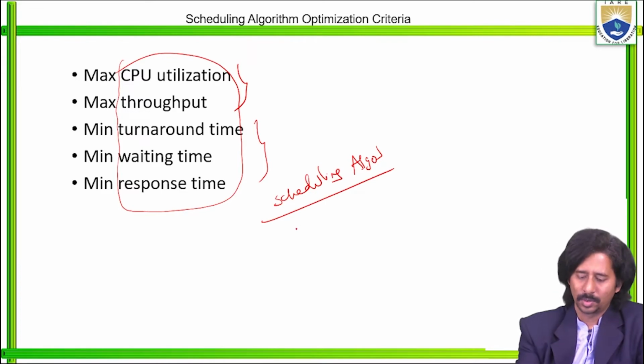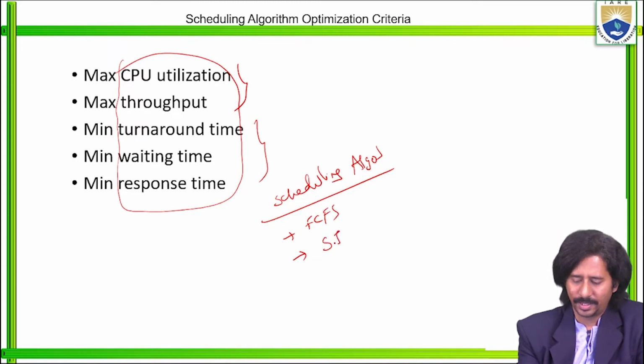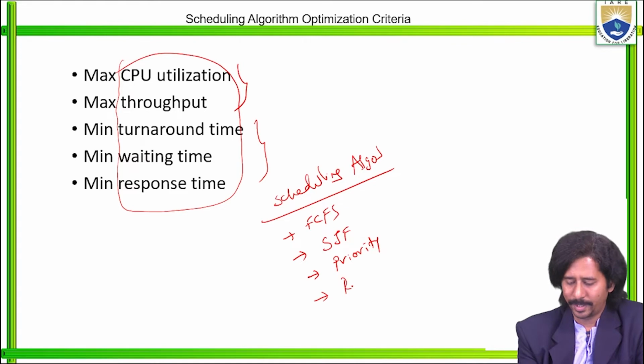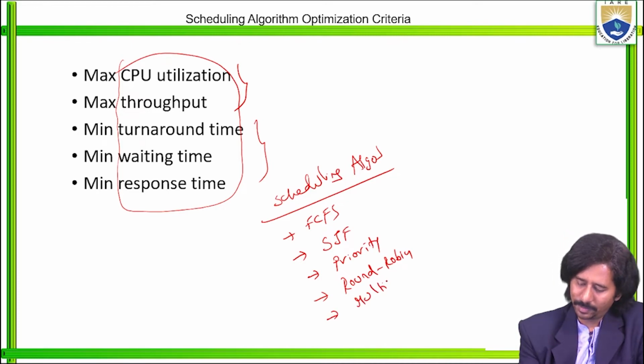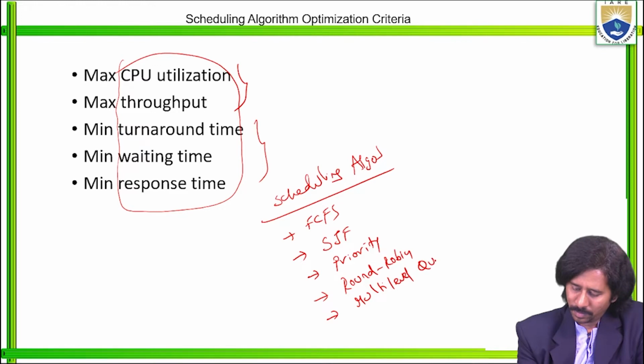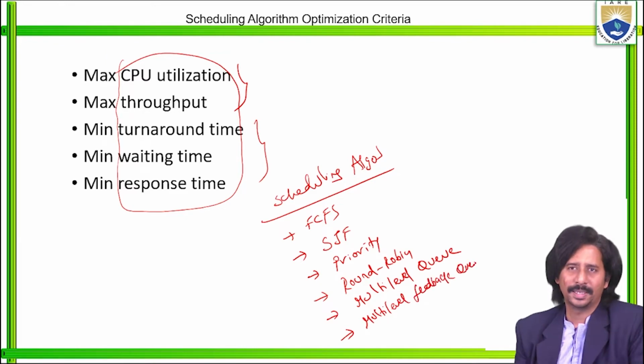We have FCFS, first come first serve scheduling algorithm, SJF, shortest job first, priority scheduling algorithm, RR, round robin scheduling algorithm, MQ, multi-level queue scheduling algorithm, and multi-level feedback queue scheduling algorithm.